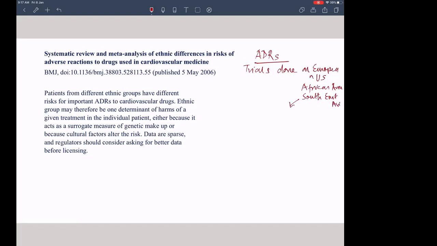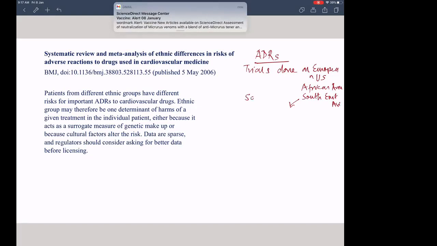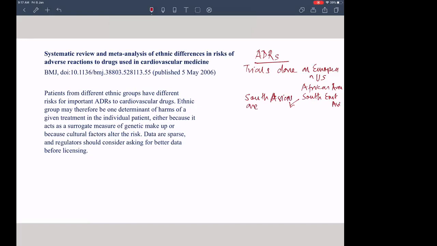You will find that South Indians or South Asians are very few.